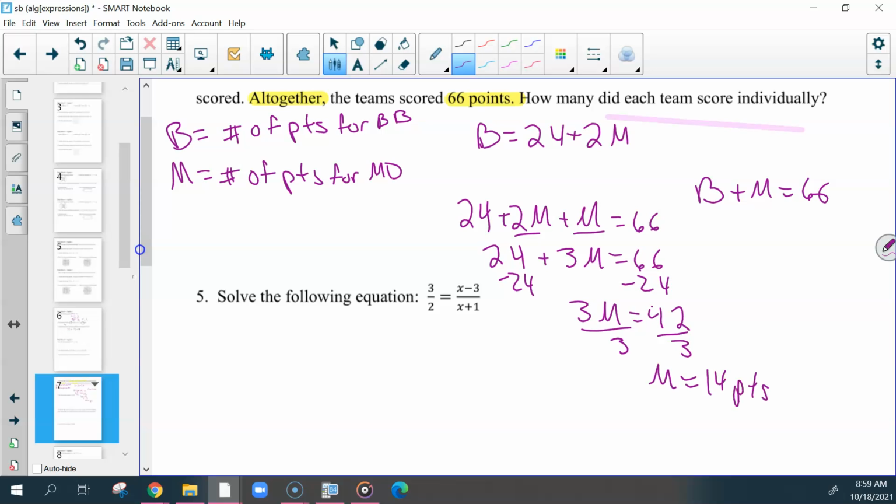And then you can put that back in the one. So you have a choice. You can either put this back here, or you can put this here. Either or, you're going to get the same answer. This one would probably be easier.